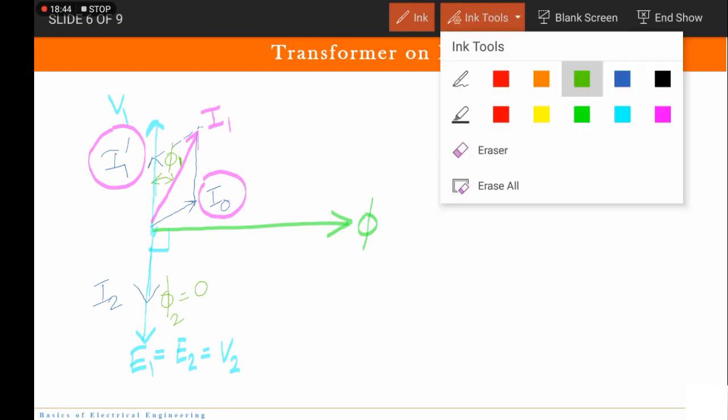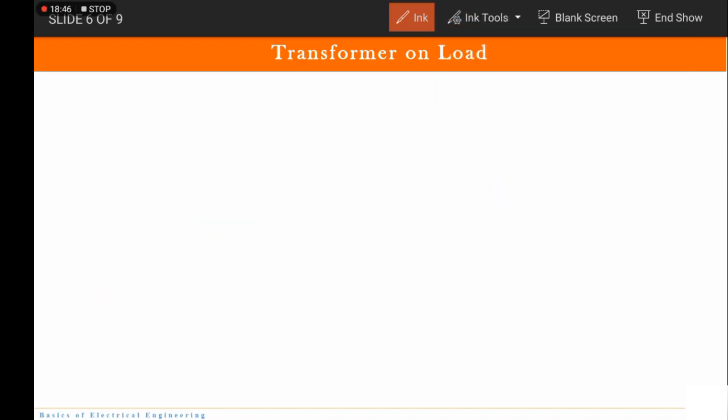Now I'll explain what happens when an inductive load is connected. So you have again phi. After this, I'm using different colors just to make you understand. Here again E1 is the same as E2, the same as V2. But now the load is inductive.